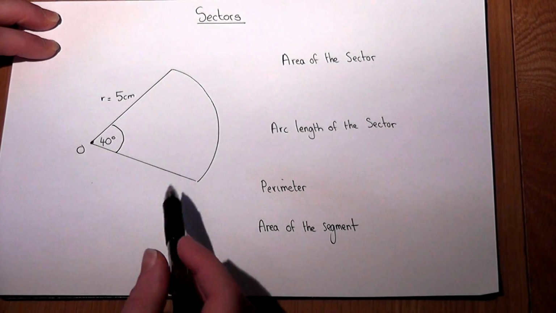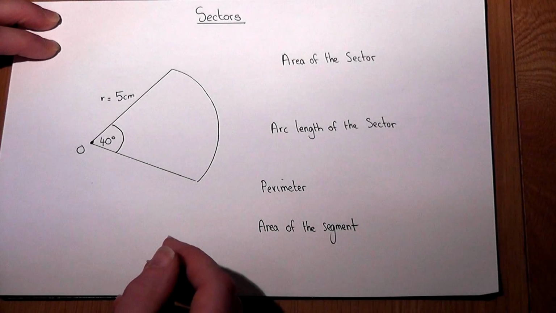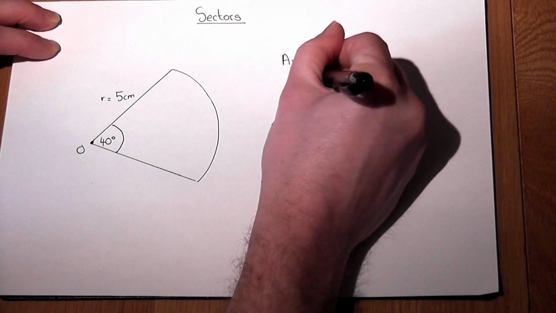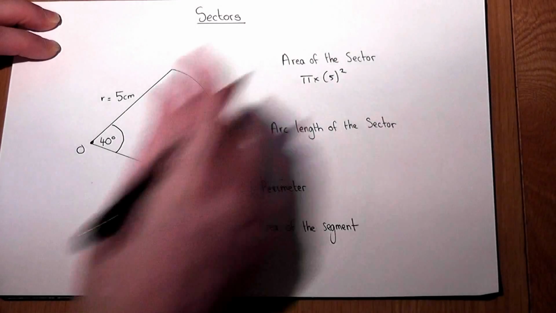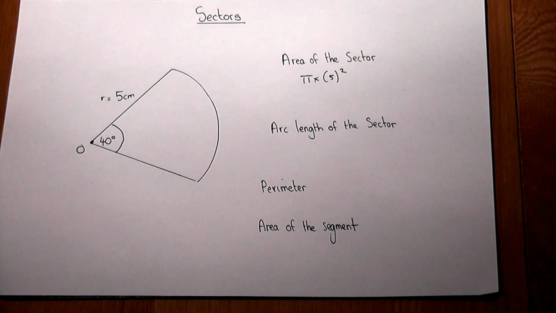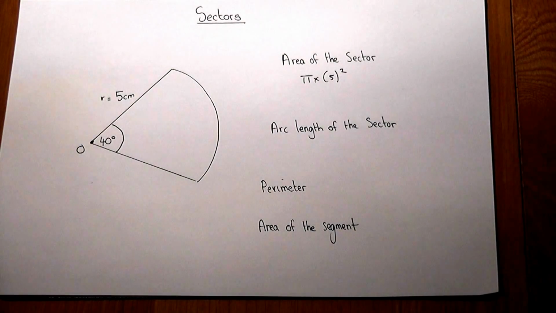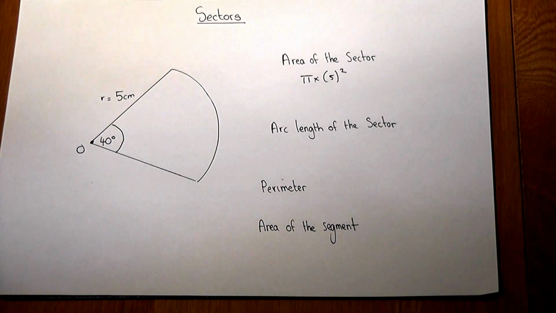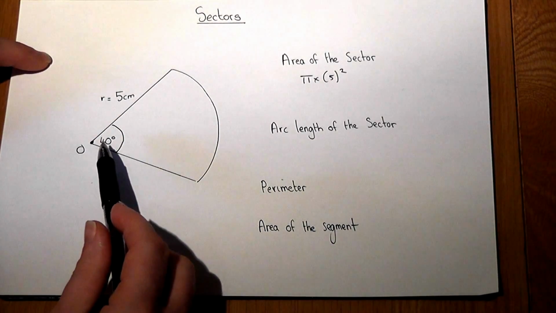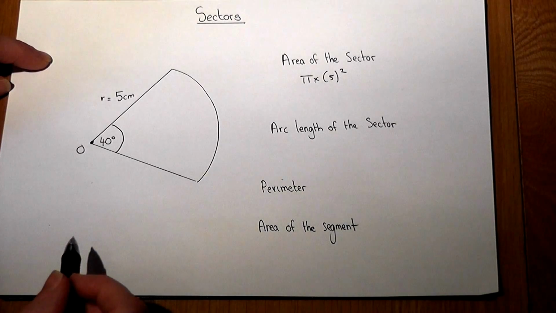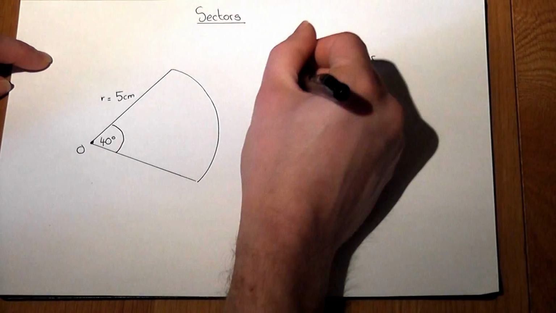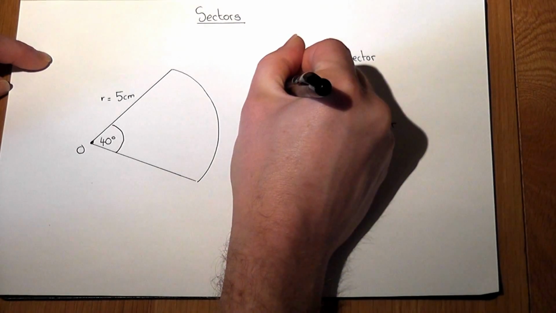Now, if it was a full circle, the area would equal pi times radius squared. However, because it's not a full circle, we have to think, right, so what fraction of a circle is this? Well, a full circle is 360 degrees, so therefore this sector is 40 out of 360.